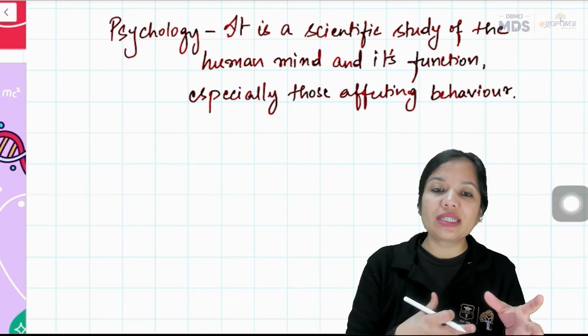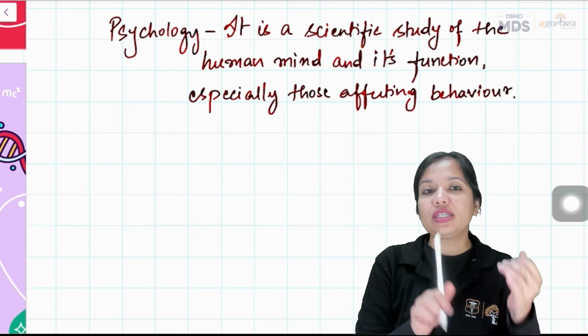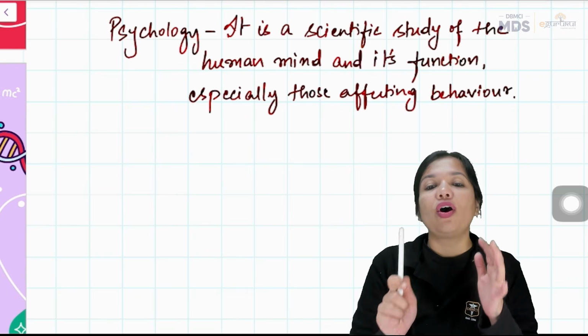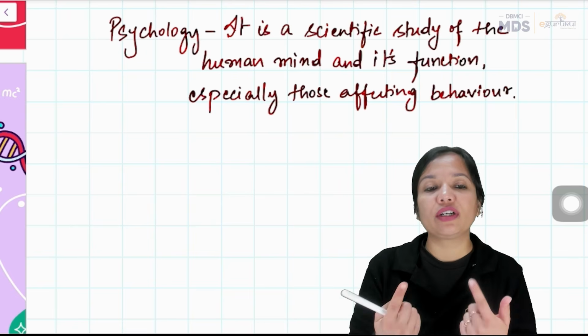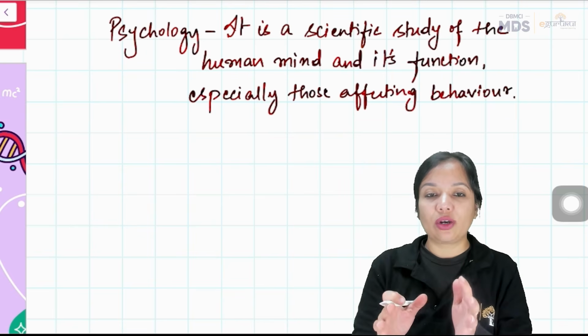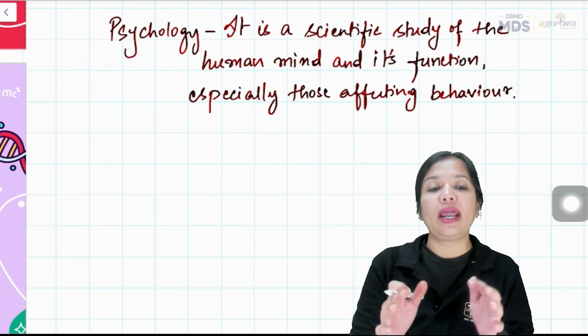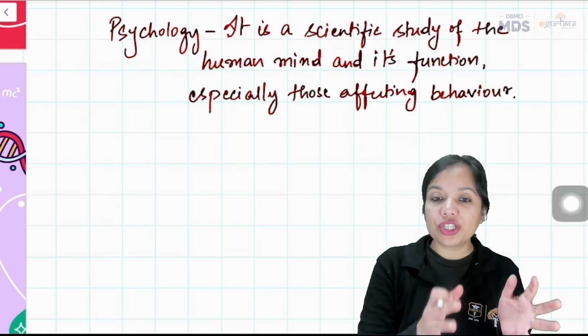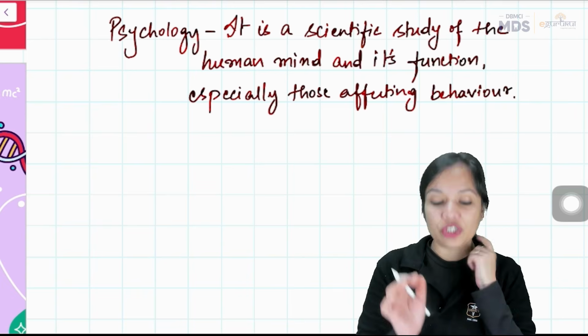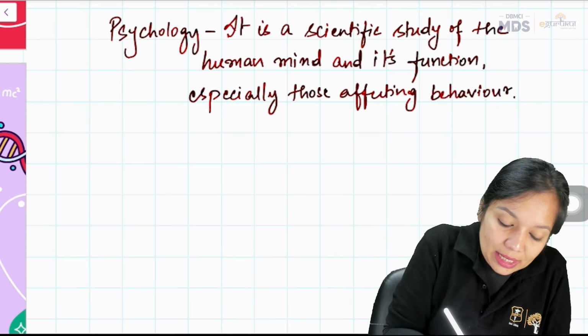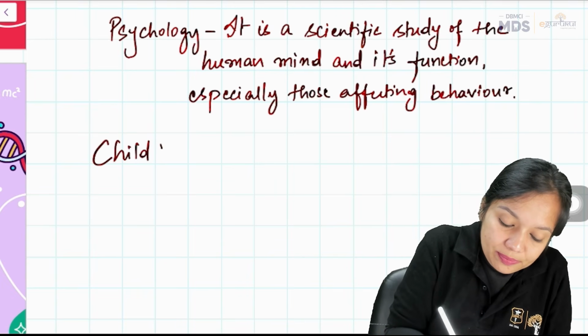What is child psychology? Child psychology is the science or study of a child's mind and how it functions. It is also the science that deals with mental power and the interaction between the conscious and subconscious elements in a child. So, to be precise, what is child psychology?